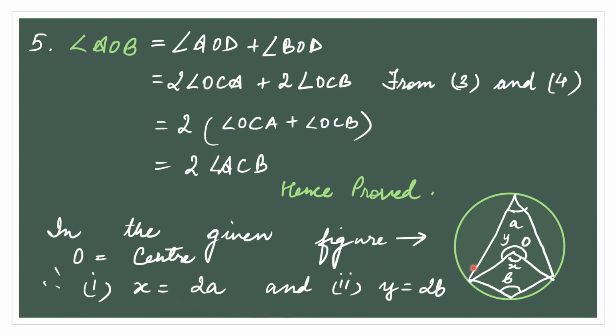X is equal to 2A. The value of X is 2A, because we have just proved that the angle subtended at the center is equal to twice the angle at the circumference.